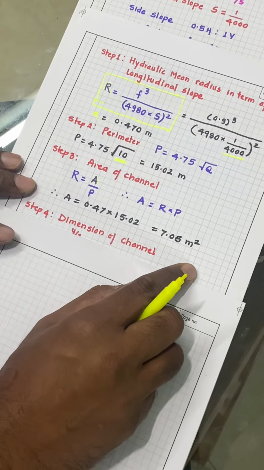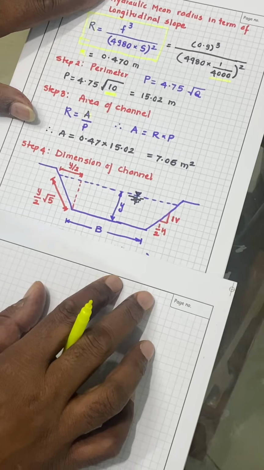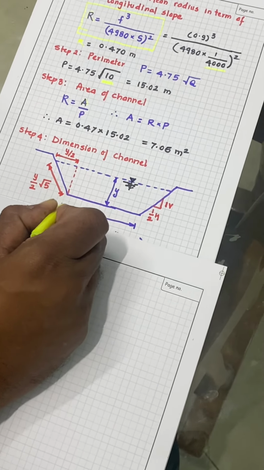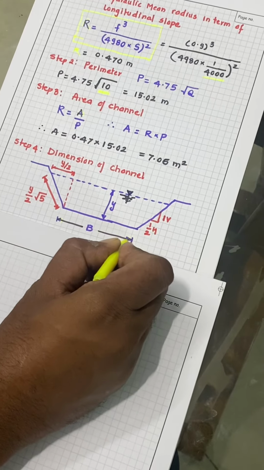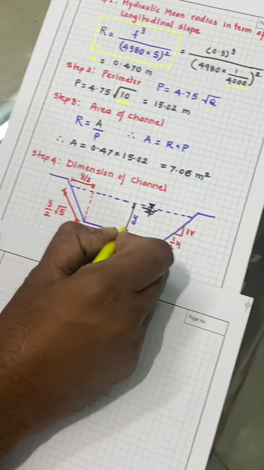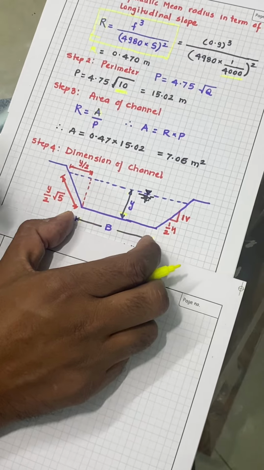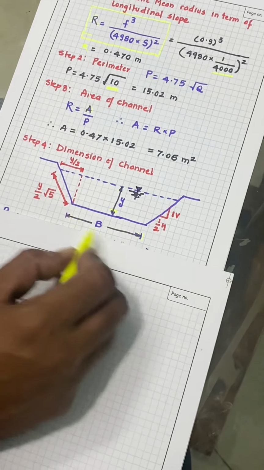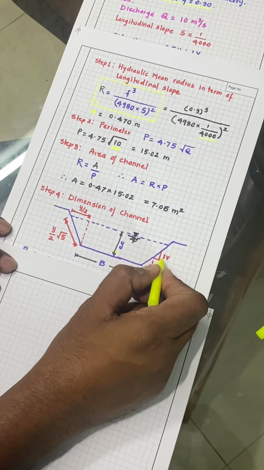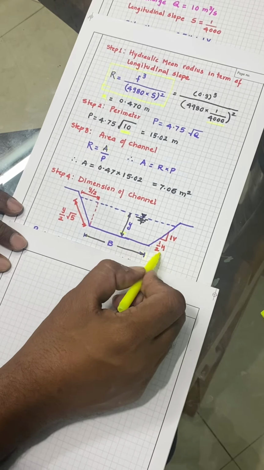Now next step is to find the dimensions of the trapezoidal channel. Here the dimensions of the trapezoidal channel mean it has the base width B and the depth of water Y. Only these, the base width and depth of water, are the dimensions of the irrigation channel, and the side slope of the irrigation channel is 1 vertical to half horizontal.